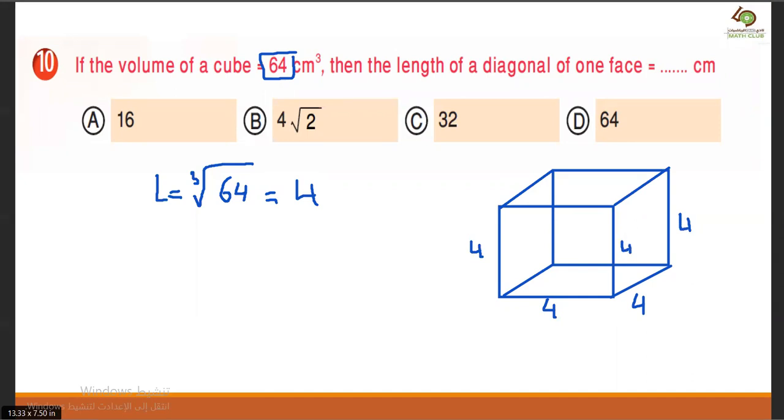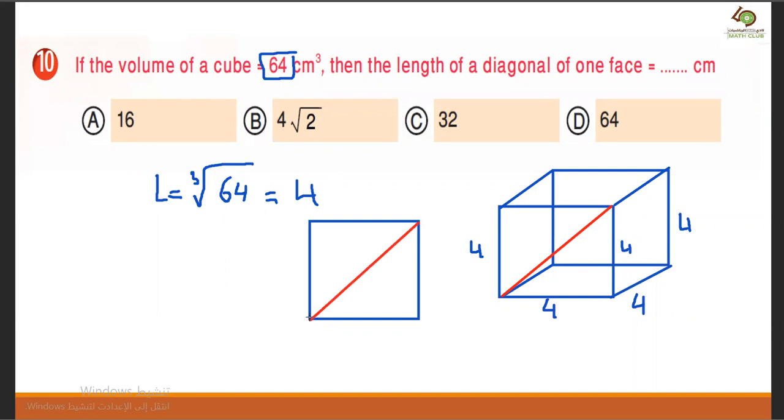Okay? Now he asked about a diagonal. How do I find it? If I have this face, I draw one face here, and I want to find the diagonal.